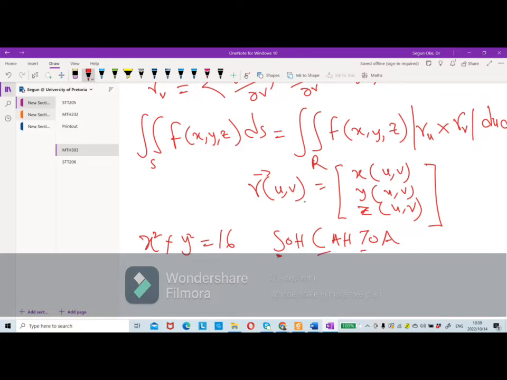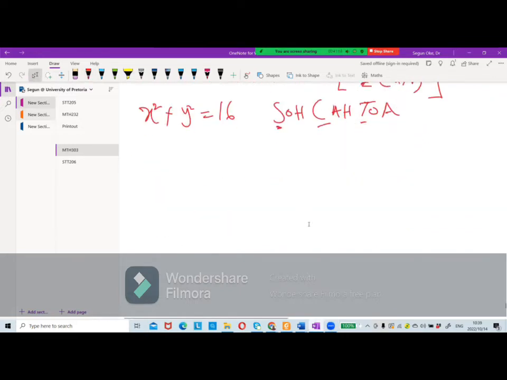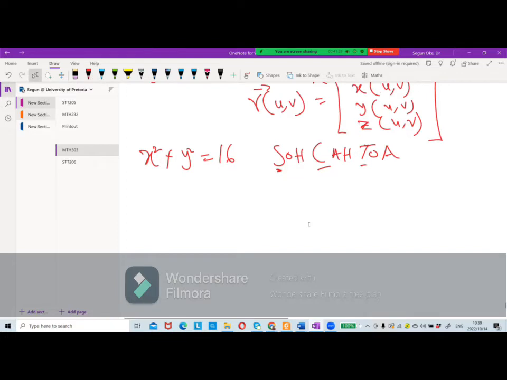And T is what? Tan. Okay. Now that we have SOHCAHTOA, sine is opposite over what? Hypotenuse, right? Are we there? Yes, sir. Okay, it's opposite over hypotenuse.